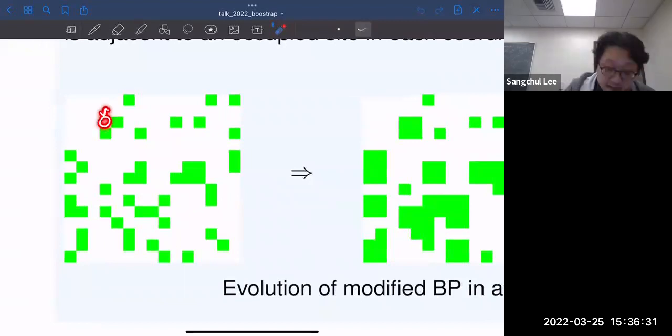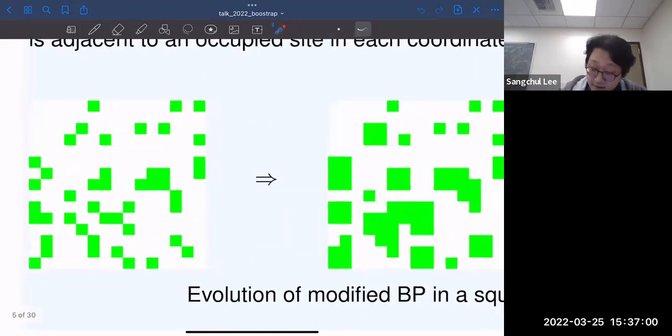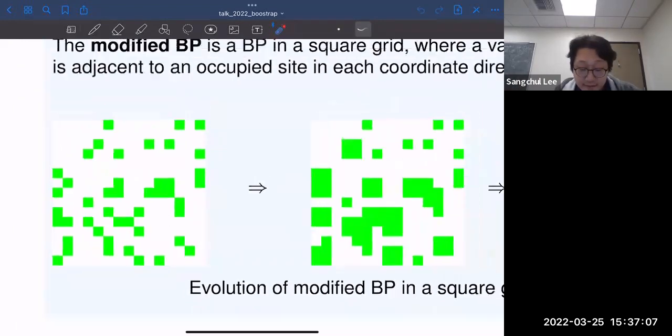If I look at this unoccupied site, because it is adjacent to this occupied site horizontally and this occupied site vertically, it will become occupied in the next step. On the other hand, unlike in the two-neighbor bootstrap percolation, this site, although adjacent to two occupied sites, has both of them adjacent horizontally. So in this modified model, this site will not become occupied in the next step. That's the difference.